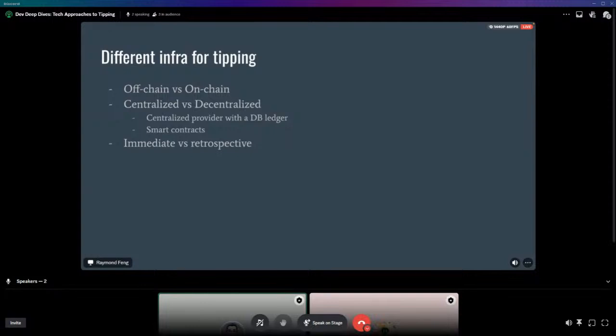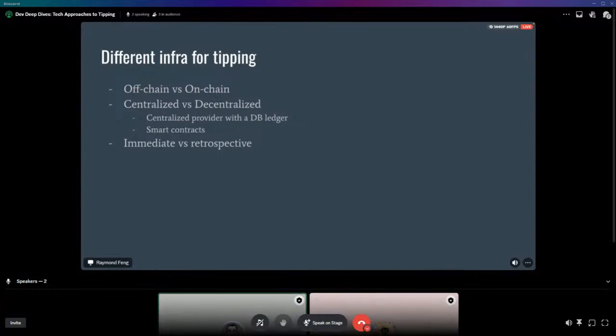That is also relevant to another dimension, which is whether it's going to be a centralized approach versus a decentralized approach. The centralized approach is easy to understand. You have a service provider as a middleman. When A tries to transfer some money to B, A probably gives some money to the middleman, and the middleman maintains a ledger for the different parties.